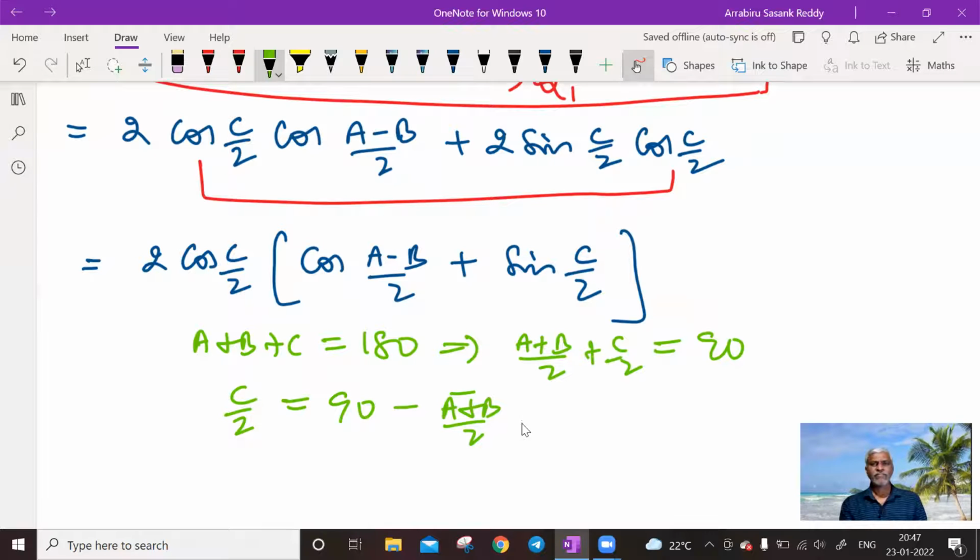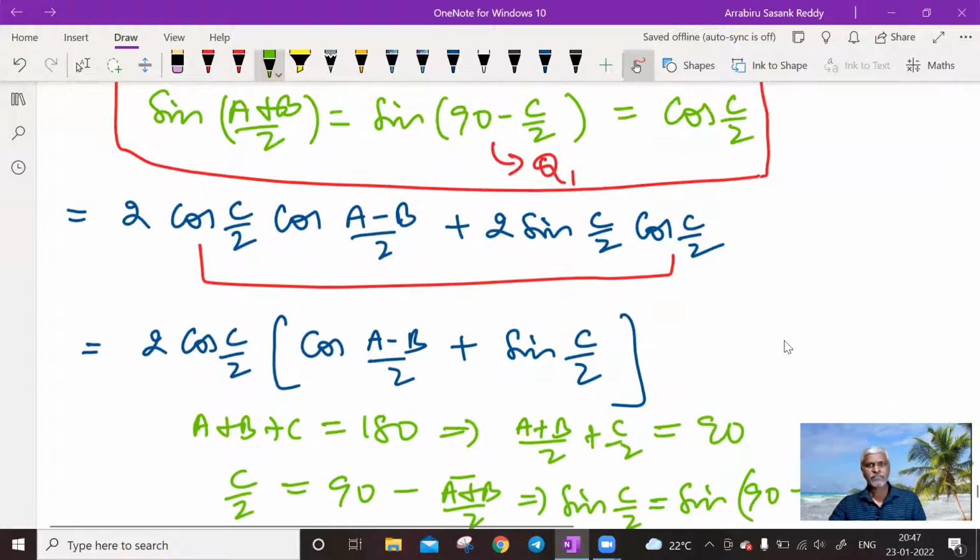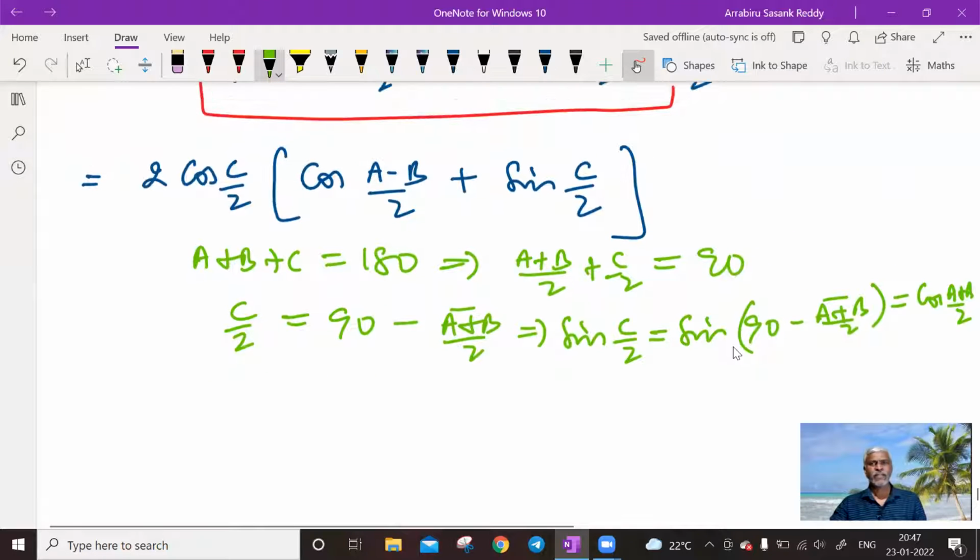Taking sine both sides, sin C by 2 is equal to sin of 90 minus A plus B by 2, and sin of 90 minus theta is cos theta, so cos A plus B by 2. So in place of sin C by 2, write cos A plus B by 2.